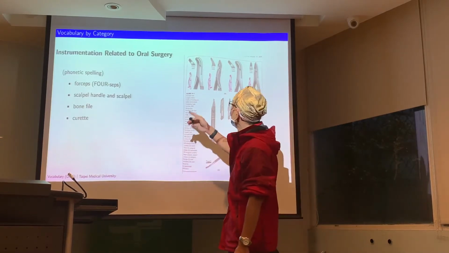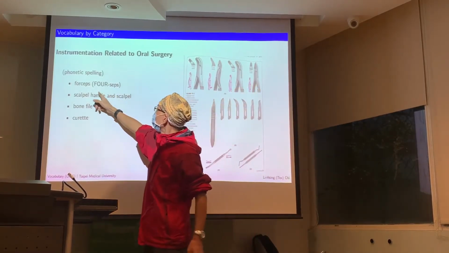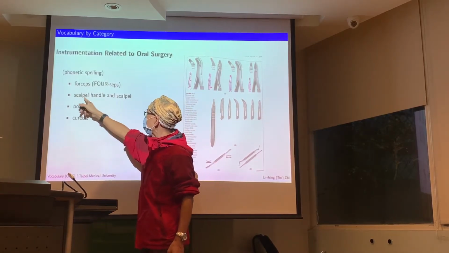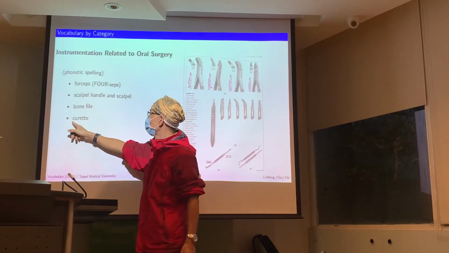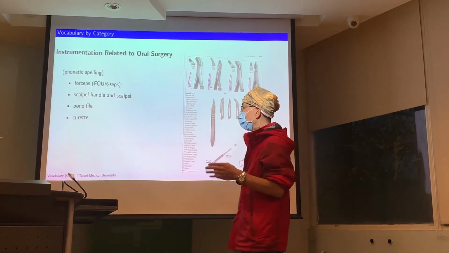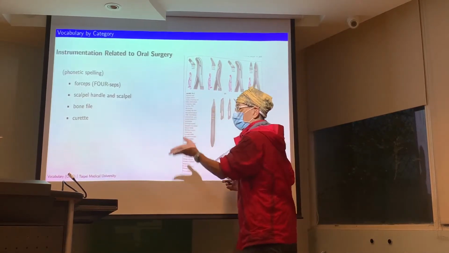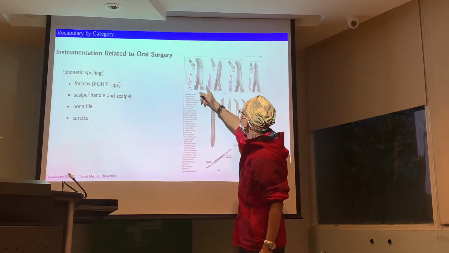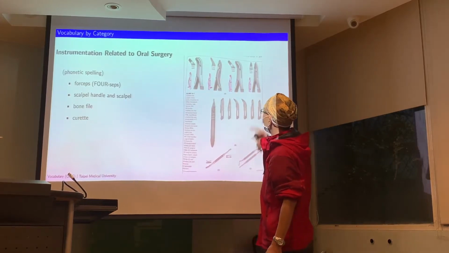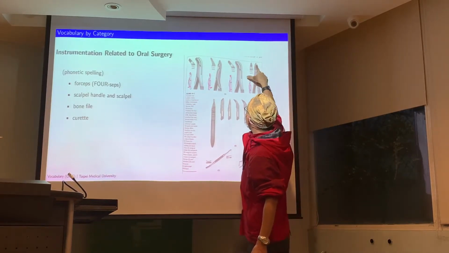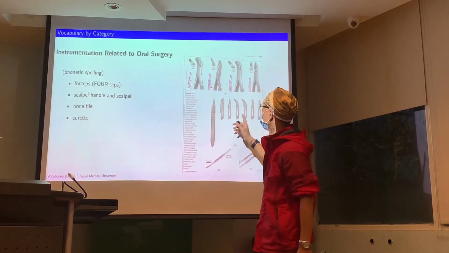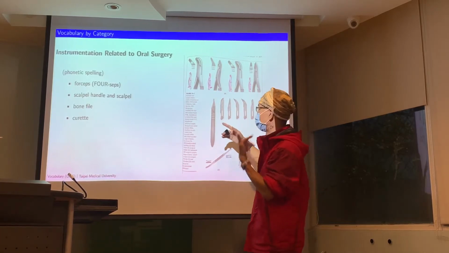So let's see the instrumentation. You can see first the forceps, the scalpel and scalpel handle, bone file, and curette, which is the instrument for curettage. We have four kinds of forceps for the upper or lower teeth, not shown here, with different beaks from different directions for the position of the teeth in the mouth.